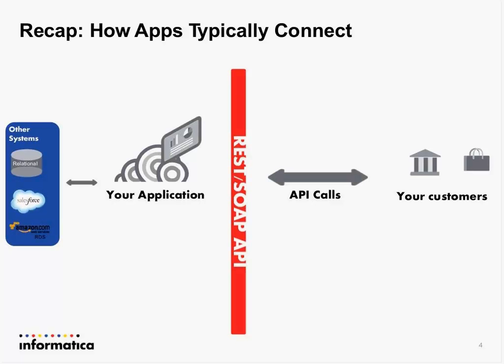And even if you have all that information in one place within your own application, your other customers still have to connect through your API, be it a REST API or a SOAP API. And you have to make all these constant API calls, resulting in a lot of brittle code which you have to change. So what we discussed in the last session is why it makes sense to build a native connector to your particular application.